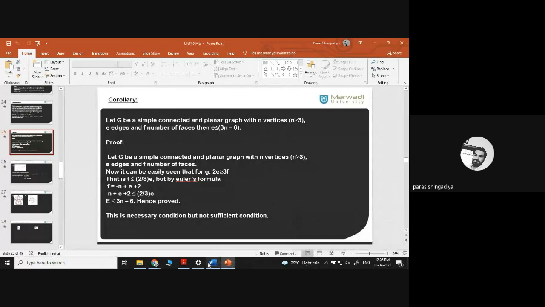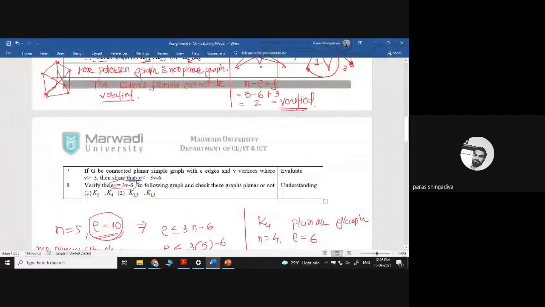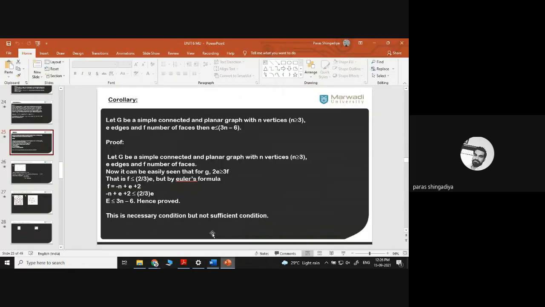So just the notation is changed. Here we consider V as the notation for vertices, and in this PPT we consider N. So there is no difference. G is a connected simple planar graph with N vertices, E edges, and F faces. Then how many edges are required to define such a graph?